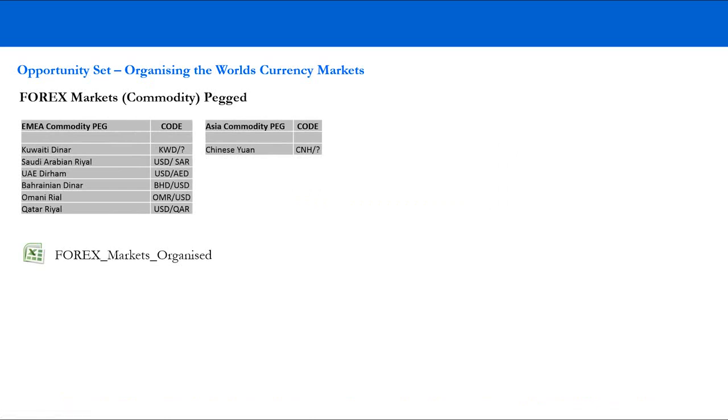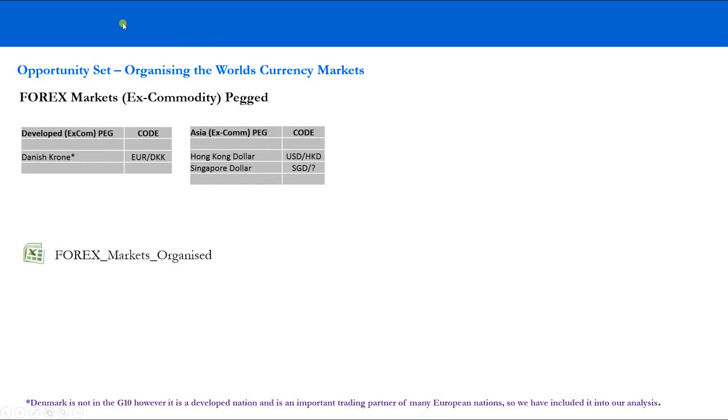Well, it's because the way in which the currency is pegged is not fully 100% aware or understandable. So for example, with the Singapore dollar, there is a basket of currencies that the Singapore dollar is weighted towards.